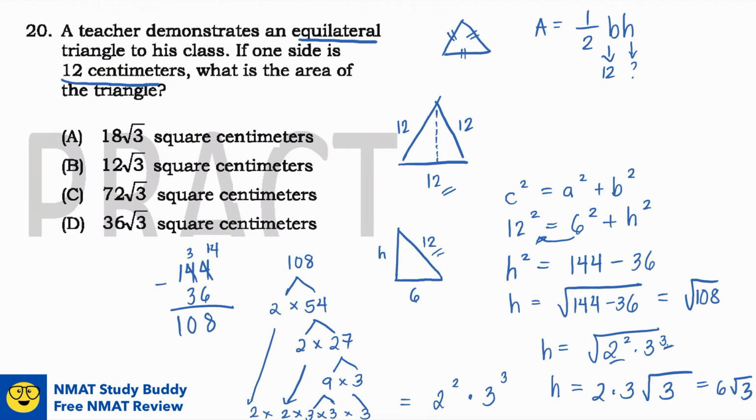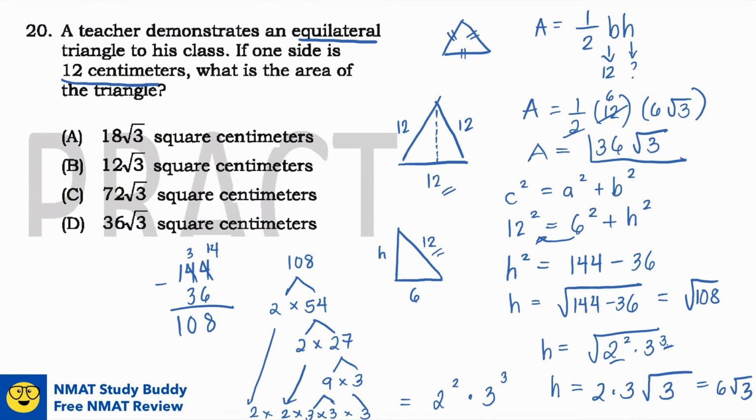Hindi pa dyan nagtatapos kasi imumultiply pa natin sa 1/2 times the base. So, area is equal to 1/2 times 12 times 6 square root of 3. Cancel na to, magiging 6. Equal siya sa 6 times 6 is 36 square root of 3. So, yung area natin is 36 square root of 3 square centimeters, which is letter D.